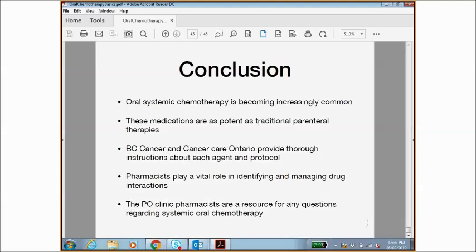So with our parenteral therapy, yes, we have certain checklists or criteria that we go through on each and every patient. We check everyone before we mix it and before the patient gets it. And in the PO clinic, I would say you pretty much do the same thing. Would you say? Yes, when we teach on a pill, we're usually looking at the instructions that the physician has laid out.